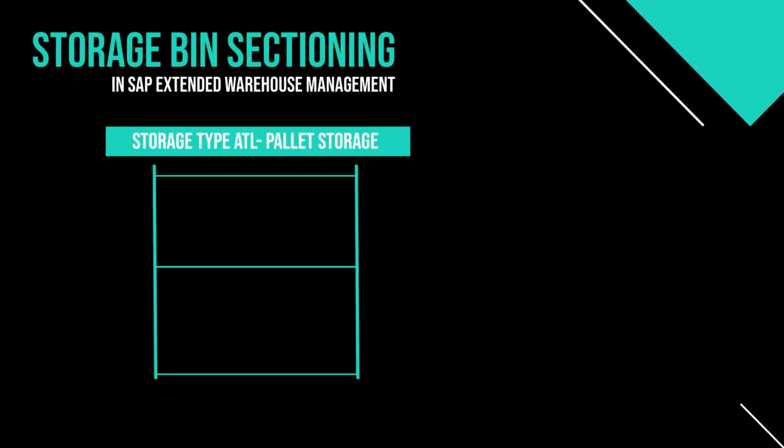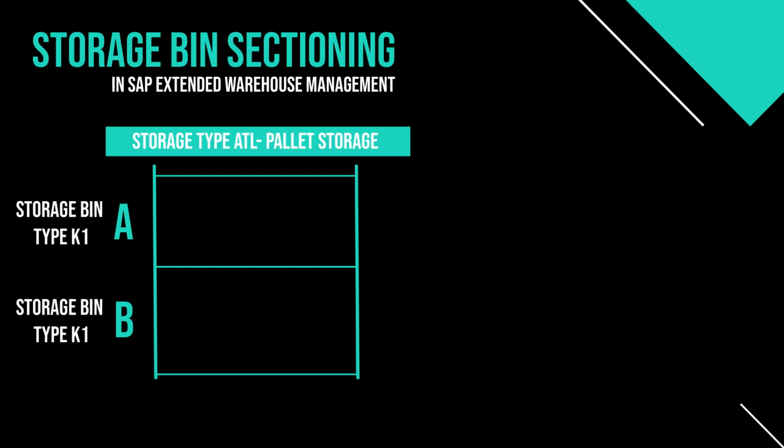Let us assume we have 2 storage bins in our storage type ATL. We got one bin called A and we have another one called B. Both storage bins have the storage bin type K1, and we have 2 handling units we want to store in here.